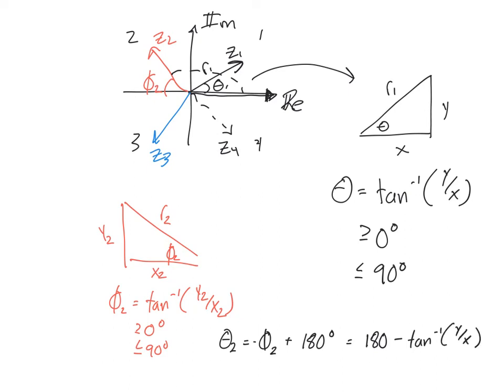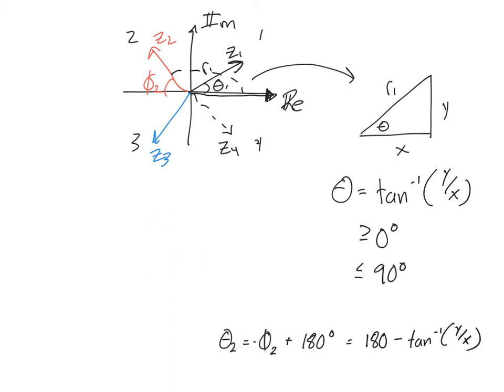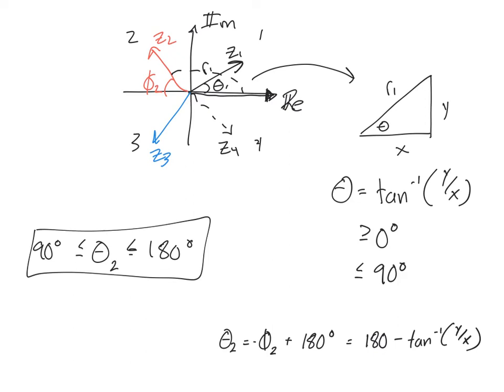You do this so that you can ensure that the solution to theta is going to be less than 180 degrees, but also greater than 90 degrees. You know that it has to be in that bound.